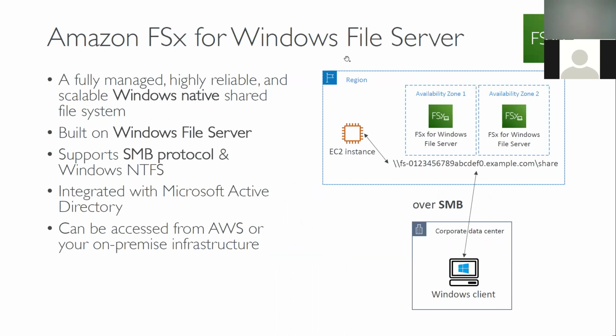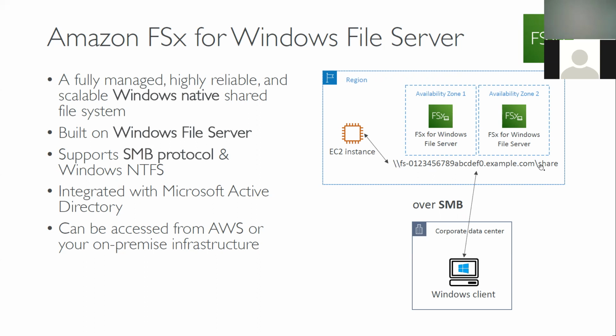So what is a Windows file server? Let's say this is your Windows client, and they can map drive G. Let's say you only have drives C and D, then you can map, and in drive G you'll see 1 terabyte of data, which is actually in the AWS cloud. You connect through an EC2 instance.